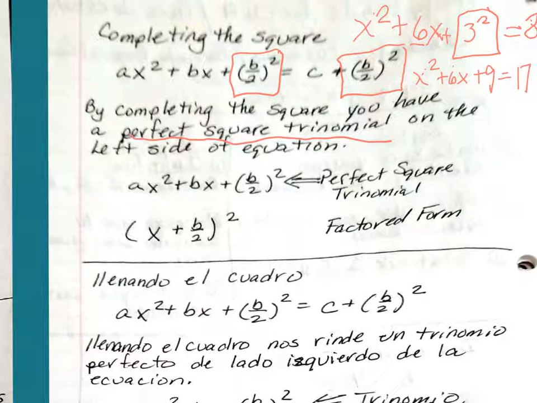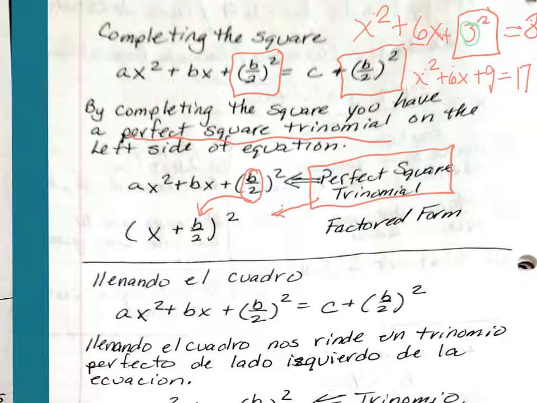And then what you would have to do is take your perfect square trinomial and factor it by simply taking the b divided by 2 and putting it into your factored form. Again, you take the b divided by 2 and you put that into your factored form. So in this case, my b divided by 2 was 3.